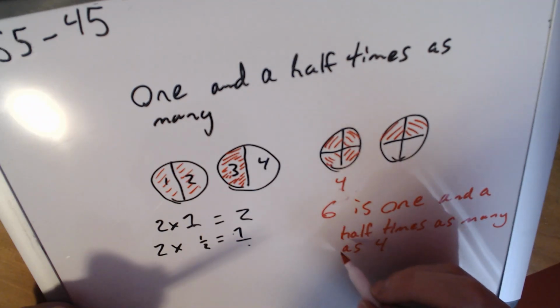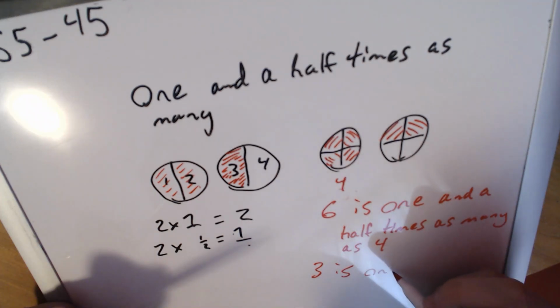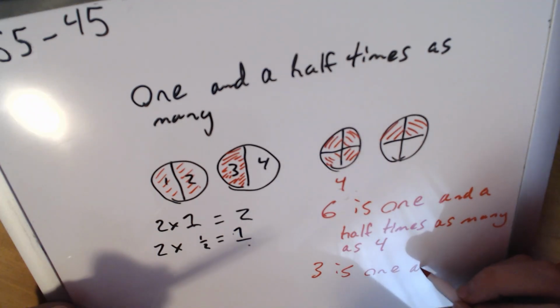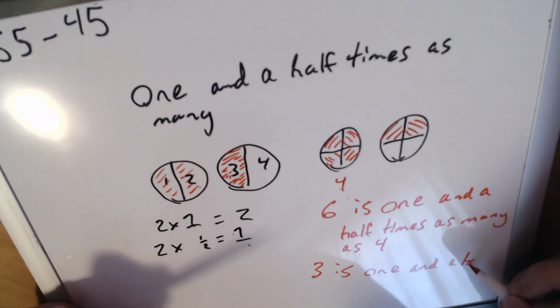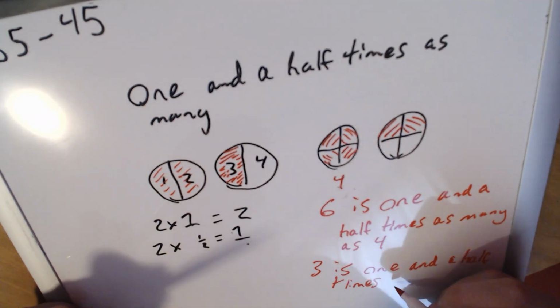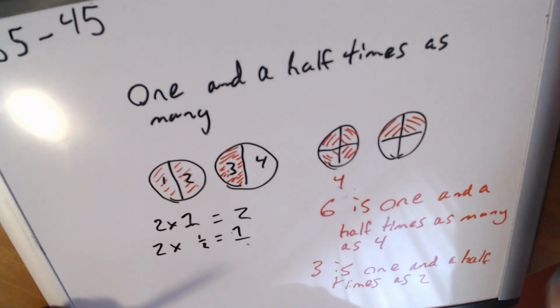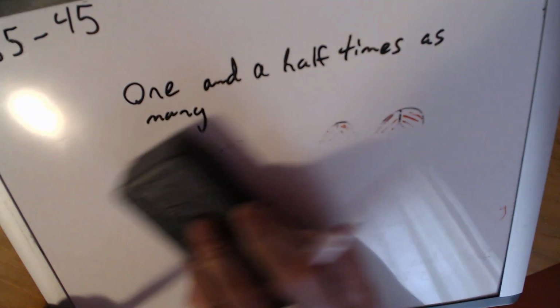Or you could say 3 is 1 and a half times as many as 2. So yeah, that is the basic idea there.